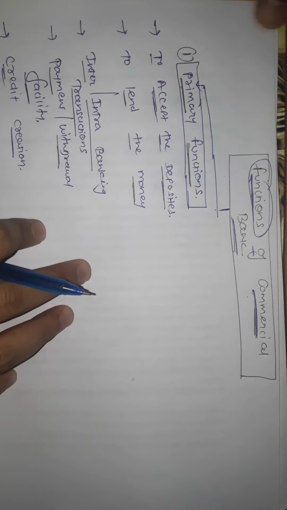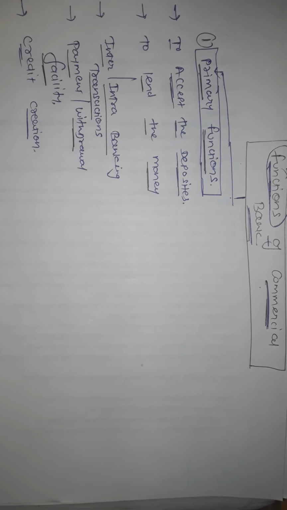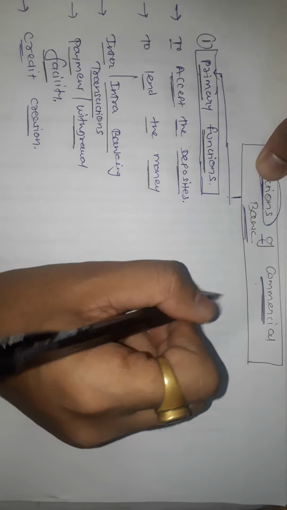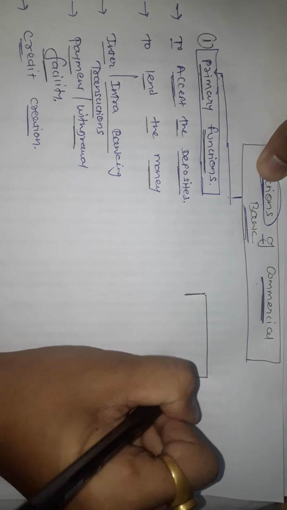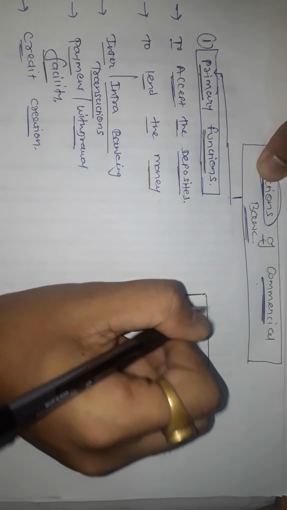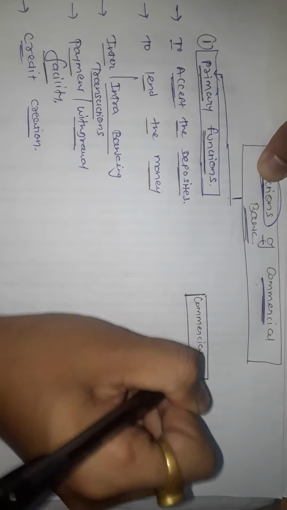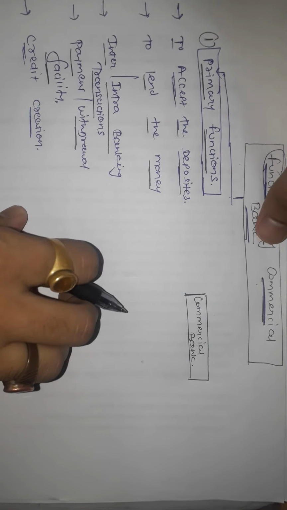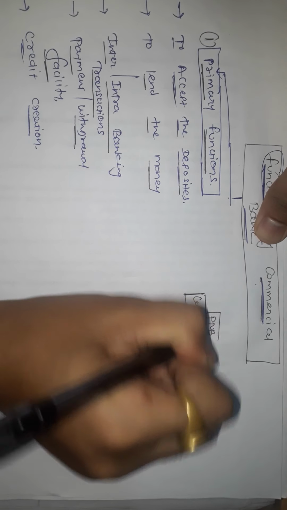Okay, students, before explaining those concepts to you, I wanted to give you a brief idea of how the banking system works in our country. Just try to understand it. Take an example of a commercial bank; the name of that commercial bank is Punjab National Bank.